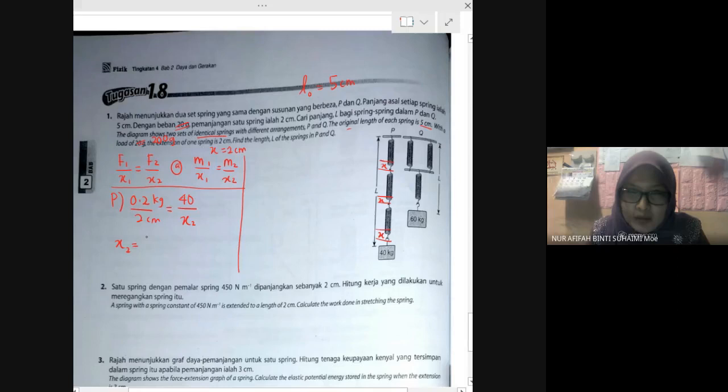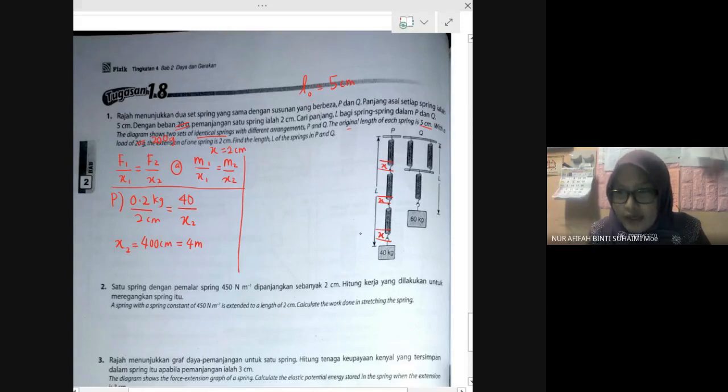How many cm? 40 times 2, 80. 80 divided by 0.2, 400. Okay, 400 cm. Ni boleh tukar kepada meter lah. Kecil sikit. So we have 4 meter. This 4 meter for 1x.